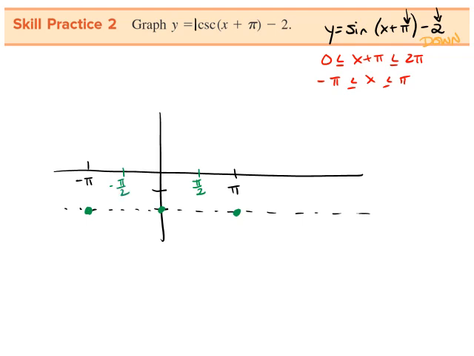We don't have a reflection, so our points will be here and here because my amplitude is 1. So if I were to graph sine, it would be like this. I'll just graph it solid. And then it just repeats.